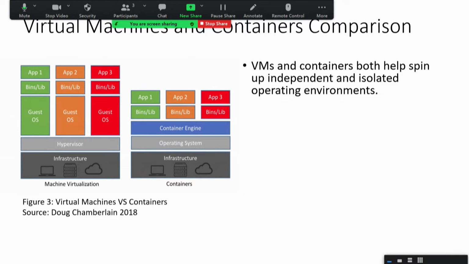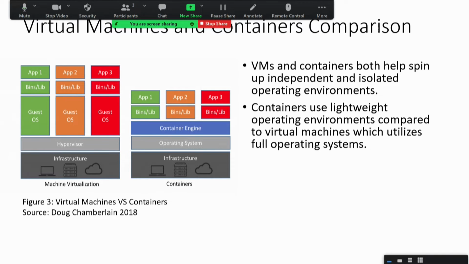And if you have a very strong system, you can spin up another OS and install Python 3.2 or whatever in another OS. Same thing you can do with containers. In the first container, you can spin up Python 2. In the next one, you can spin up Python 3. So virtual machines and containers help to spin up independent and isolated operating environments.